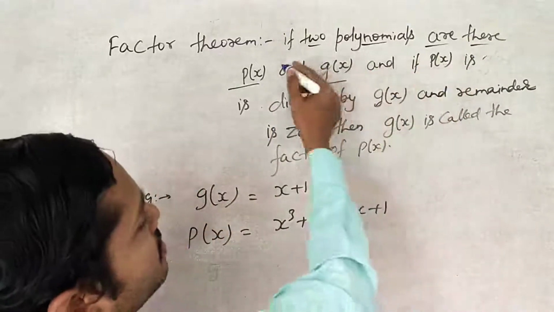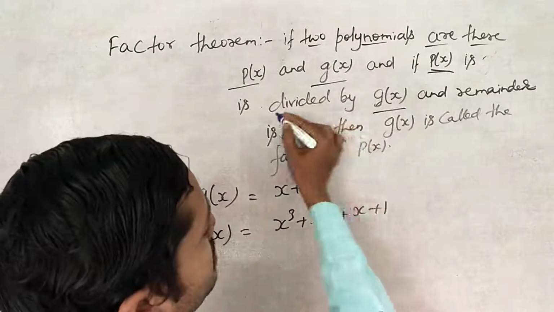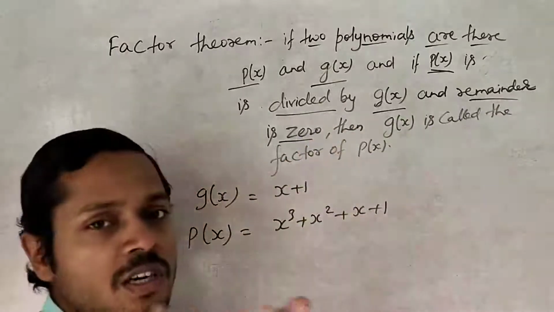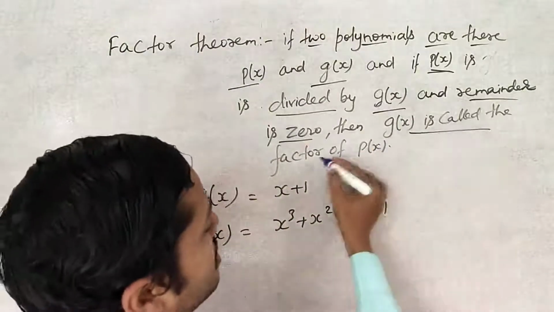If px is divided by gx and the remainder is 0, meaning completely divisible, then gx is called the factor of px.